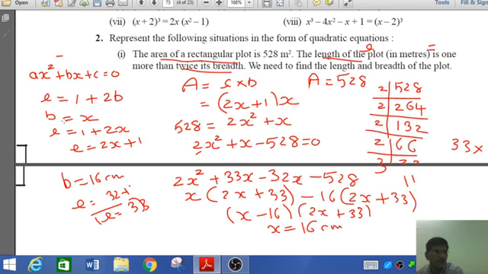So breadth as x, then length is equal to 1 plus 2x. Area is equal to L into B. So length is 2x plus 1, breadth is x. So 2x square plus x is equal to 528. In standard form, 2x square plus x minus 528 is equal to 0.